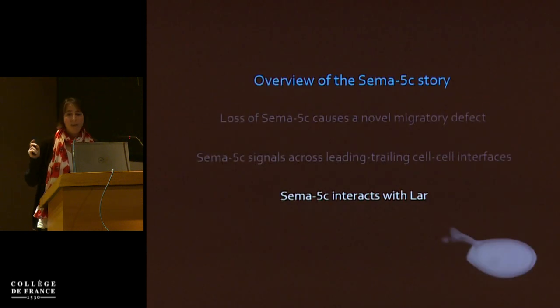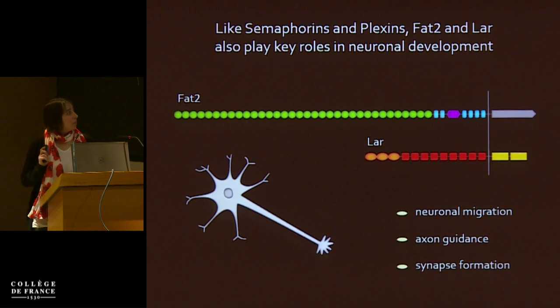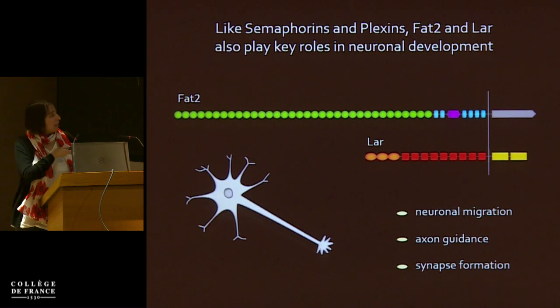Okay, so now in the final 1 minute of the talk, I'm going to come full circle and show an interesting interaction between SEMA5C and LAR. Now, one of the things that we were really interested in when we found the semaphorin and plexin signaling is that FAT2 and LAR also play very key roles in nervous system development.